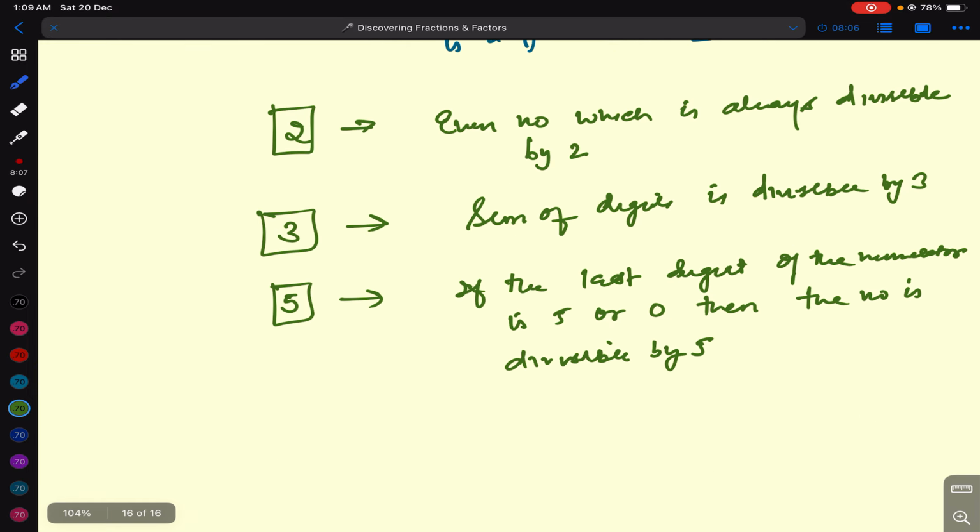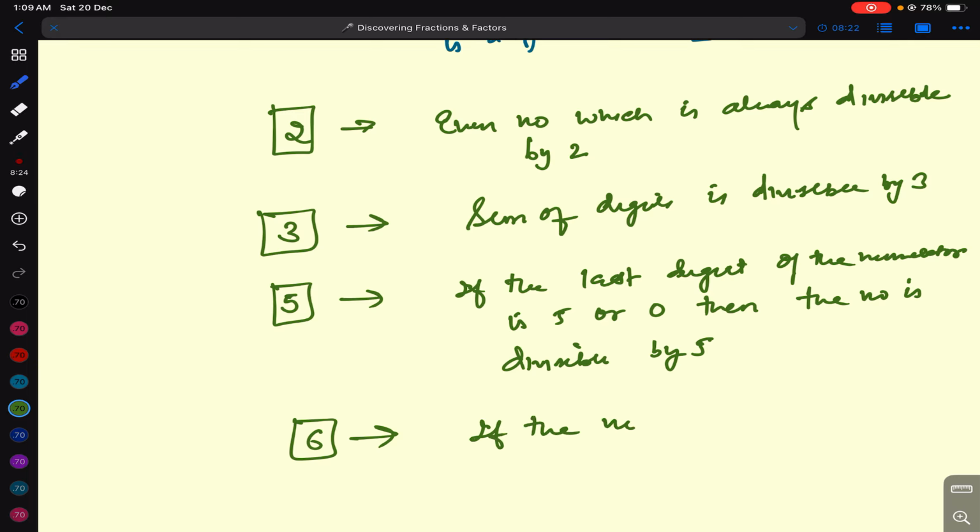Similarly, for 6, we can say the number is divisible by 2 and 3.